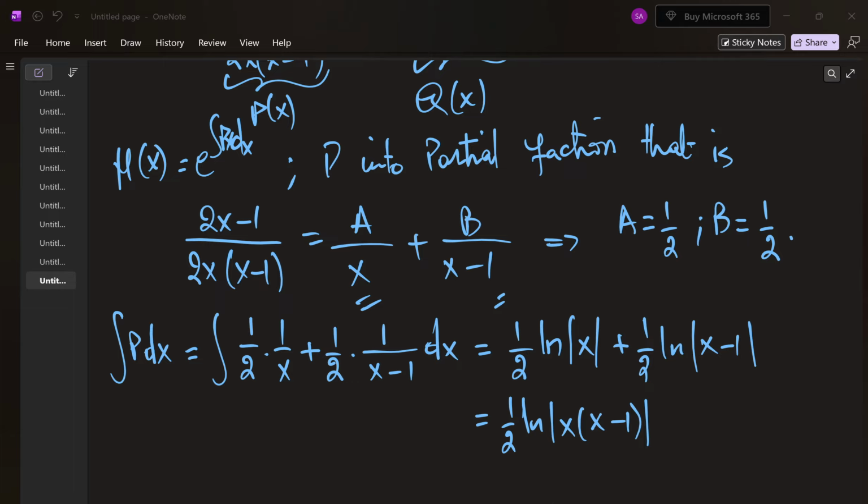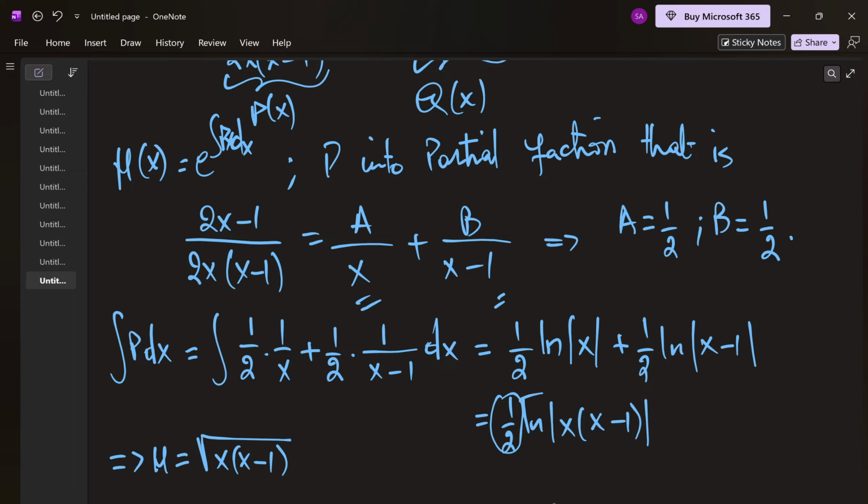Now the integrating factor u is the square root of x times (x minus 1). And you know why: you take this 1/2 here, and then you take the exponential, and the power 1/2 gives the square root of x times (x minus 1).